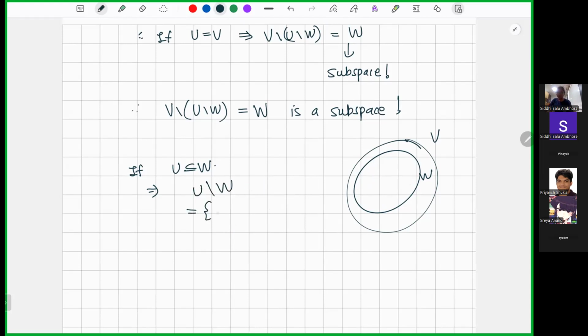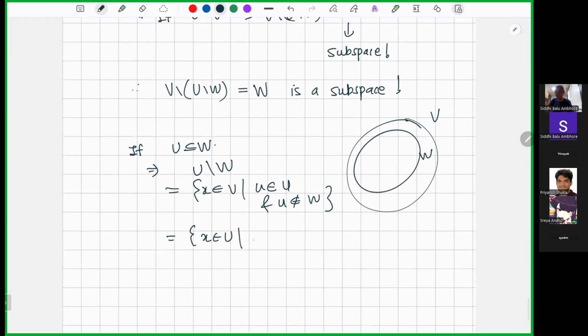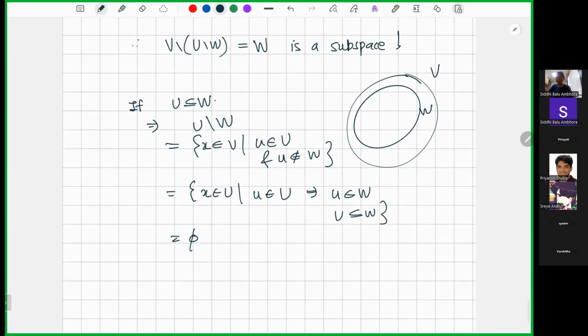So this is all those points in V such that x belongs to U and x does not belong to W. But if such a point exists, if something belongs to U, then by default this implies that x belongs to W, since U is contained in W. So therefore this set is empty, because if some point is in U, then it has to be in W. But, oh sorry, this was U intersection W complement, and not U complement intersection W.